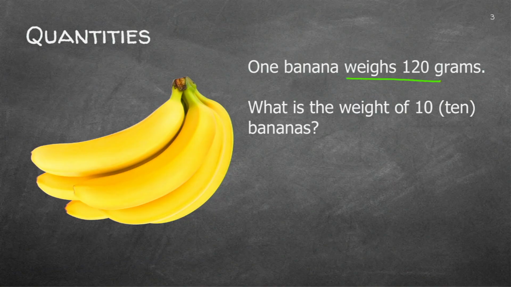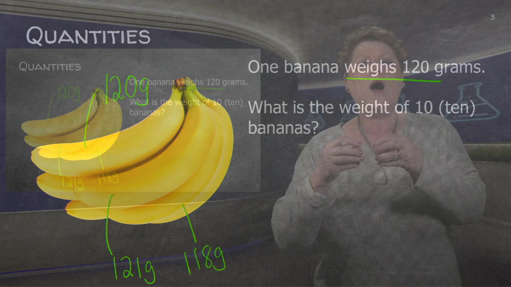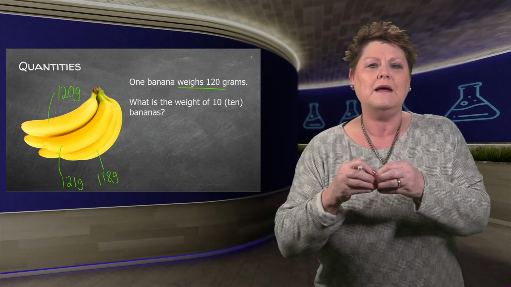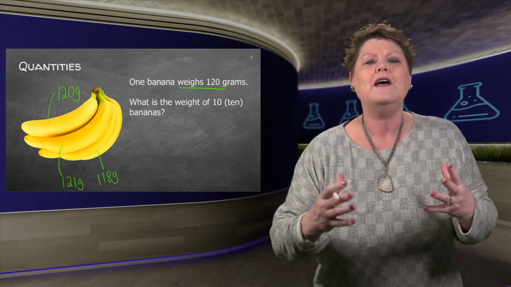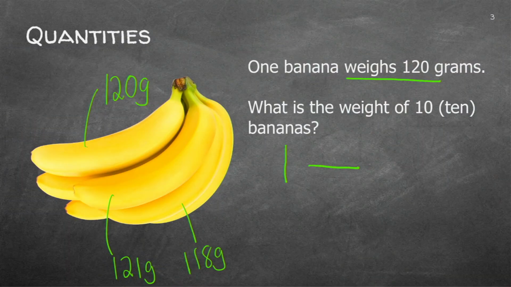Now remember, it might be that this one measures 120 grams and this one 121 and that one maybe 180. So I'm never working with one specific mass. On average, I've got an average. But now I've got one banana weighing 120 grams.